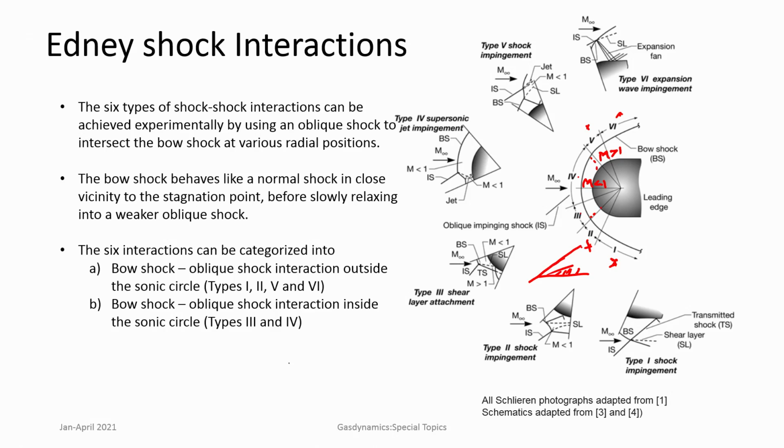Why this is important is, in all these interactions what we find is that due to the shock interaction, there are shocks, resulting shocks from the interaction which impinge on the body. Okay. Or in the case of the type 3, that is region 3 and region 4 interactions, we have shear layers impinging on the body, or there is a supersonic jet that impinges on the body.